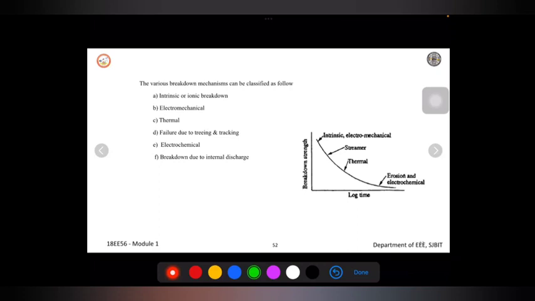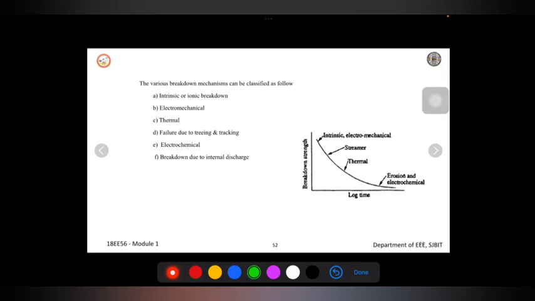The first one is intrinsic or ionic breakdown, then electromechanical, thermal, failure due to treeing and tracking, electrochemical, and breakdown due to internal discharge. Among these, if you look at many question papers, there is a repeated pattern of questions.